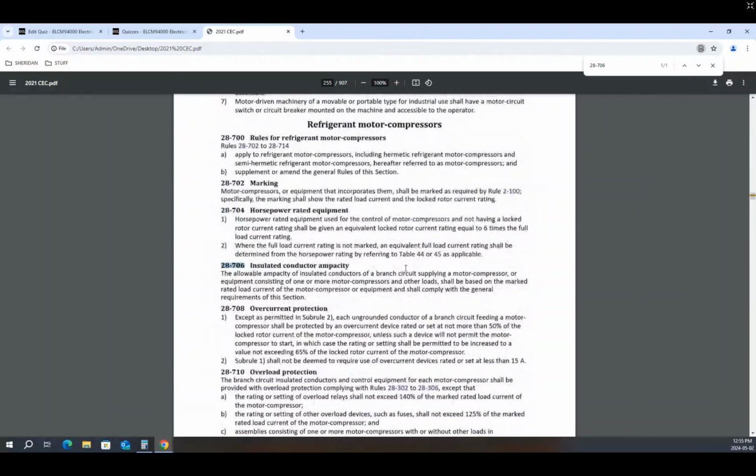Sorry, full load rating, horsepower rated equipment used for that. Full load rating is not marked. Equivalent full load rating shall be determined from tables 44 and 45. So I've got to go to table 44.